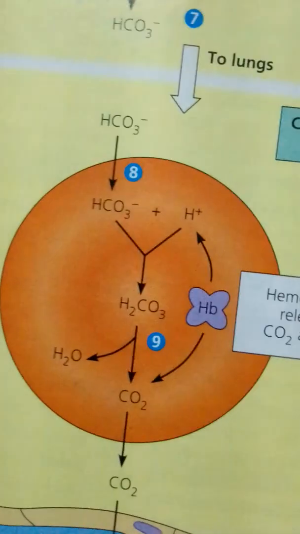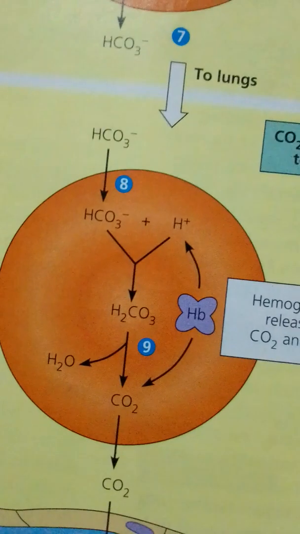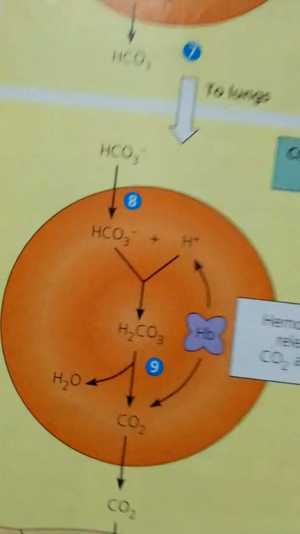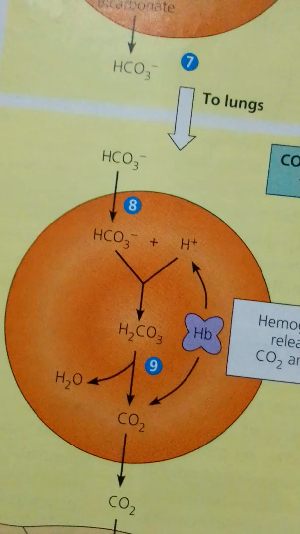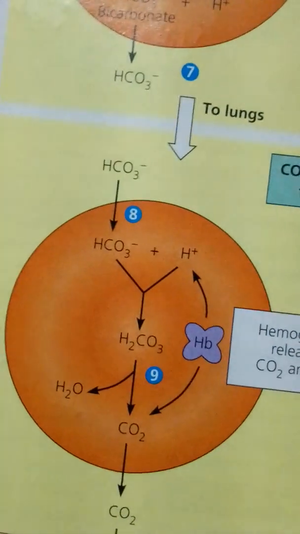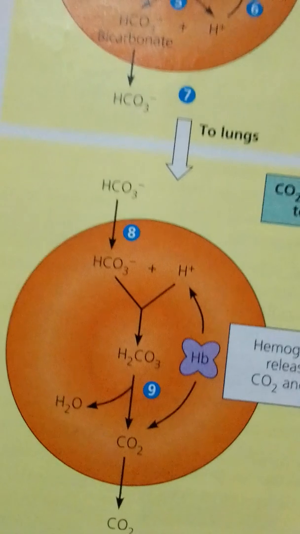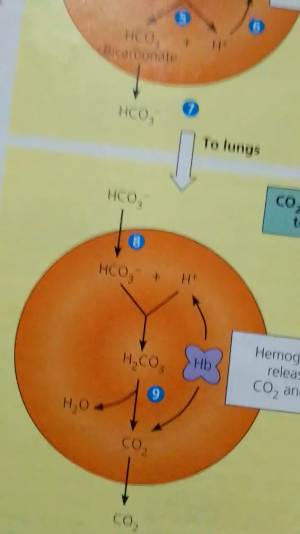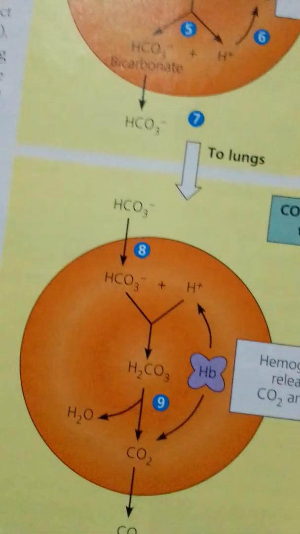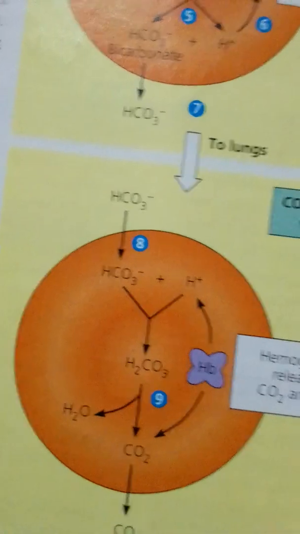Step 10: Notice that CO2 diffuses into the alveolar space, from which it is expelled during exhalation. The reduction of CO2 concentration in the plasma drives the breakdown of H2CO3 into CO2 and water in the red blood cells, a reversal of the reaction that occurs in the tissues.